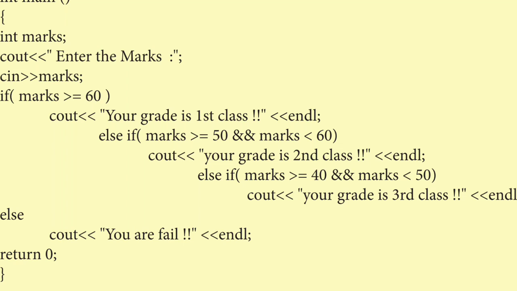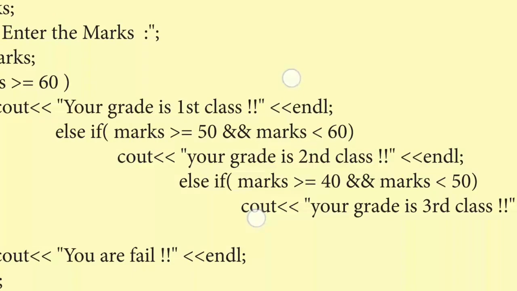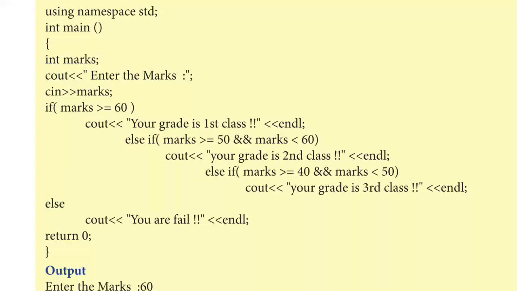If your mark is greater than or equal to 40 and less than 50, this is an and statement. These two and symbols represent the and operator, which means both conditions must be true for execution of the true part. If any one of the conditions becomes false, then the whole statement becomes false.